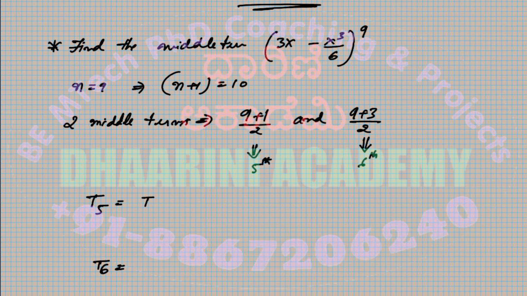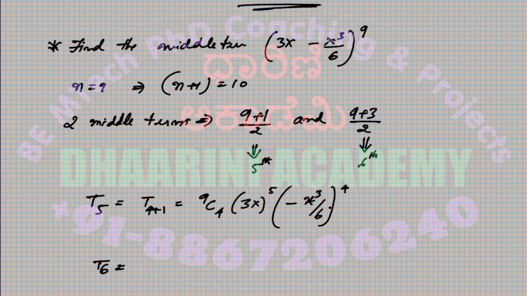T5 means I have to find T(4+1), correct? So T(4+1) is 9C4 into the first term, 3x to the power 9 minus 4, that is 5, into minus (x^3/6) raised to the power 4.